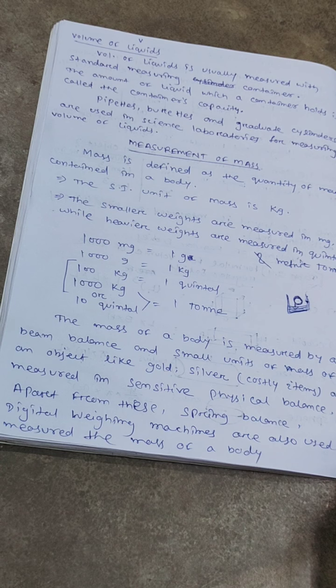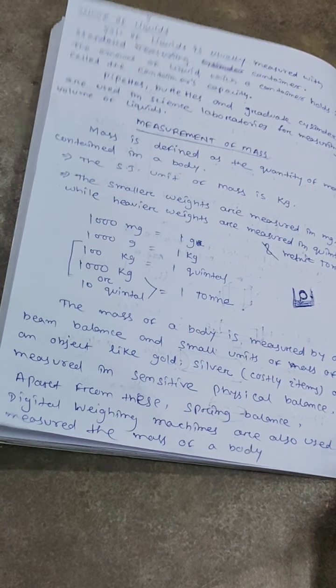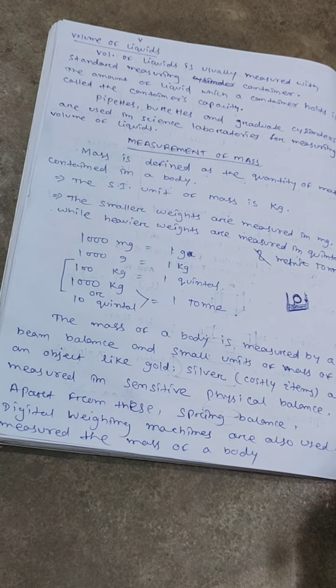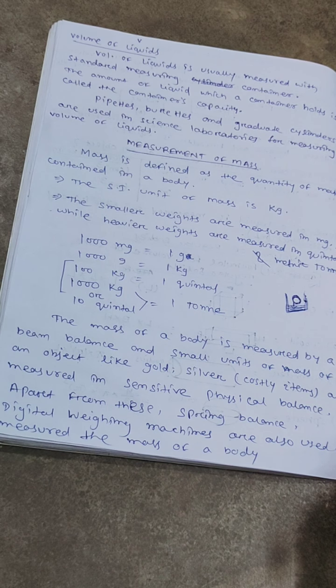Apart from the beam balance and physical balance, we can also use devices like the spring balance and digital weighing machines, which are generally used nowadays to measure the mass of a body.